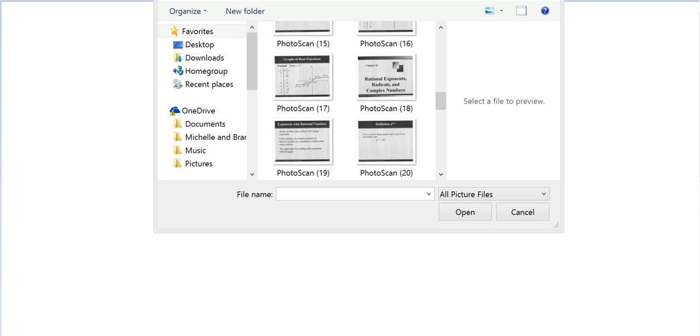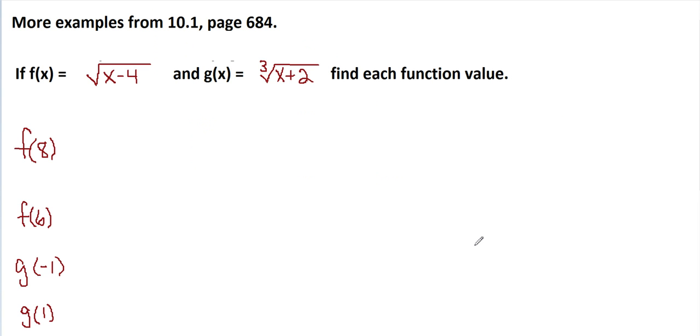All right, here are some examples that we missed for some reason or another. So I'll go over them with you now from page 684 in this section 10.1. All right, remember our functional notation and how it works, where we have two functions, f and g.